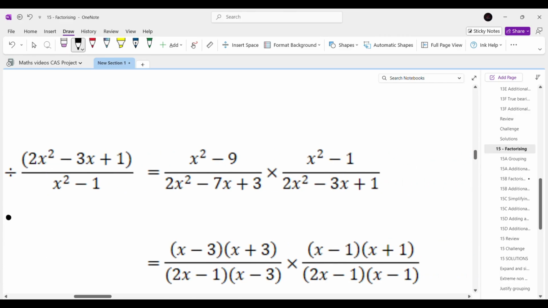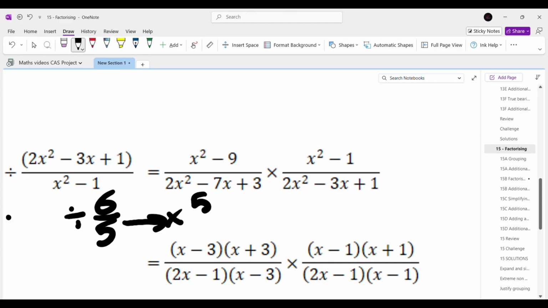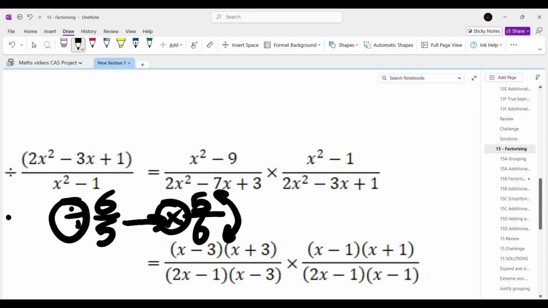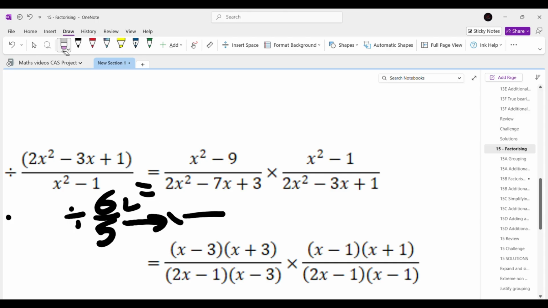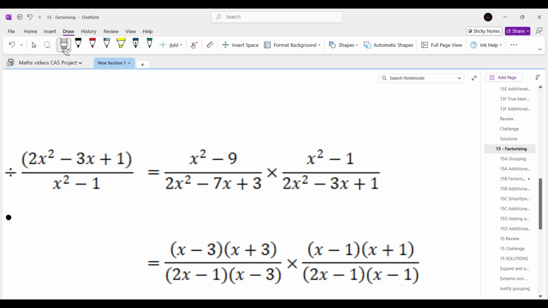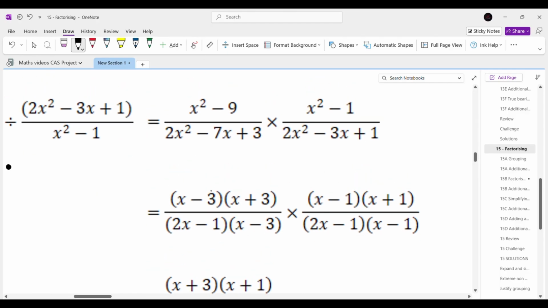Obviously here they've flipped it, because remember, when you're dividing by a fraction like 6 over 5, you flip it so it becomes times 5 over 6, and you've changed the division sign to a multiplication sign, which is much easier to deal with. These are still equivalent, so it's always easier just to flip it and change it to a multiplication.